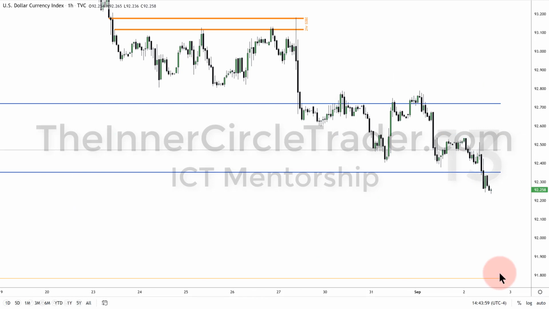All right, keeping that sell-side liquidity pool in sight on the hourly chart. You can see we did trade down below that old low, which is the lighter level here on the daily chart. That old low is the discount low of the buy-side imbalance, sell-side inefficiency.